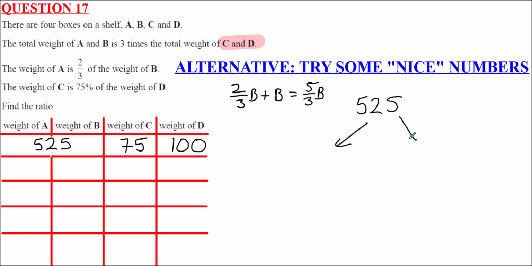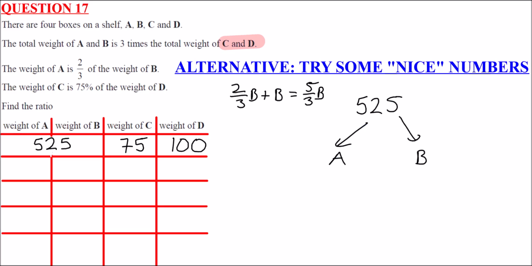So if I split this to work out what B is and A, I've got 5/3 in total. I need to divide this, because I've got 5/3, 2 of which are for A, and 3/3 equal to 1 unit for B, I need to do 525 divided by 5.